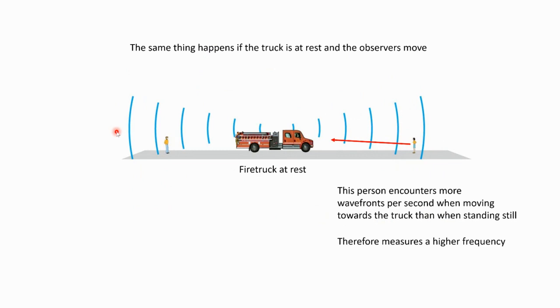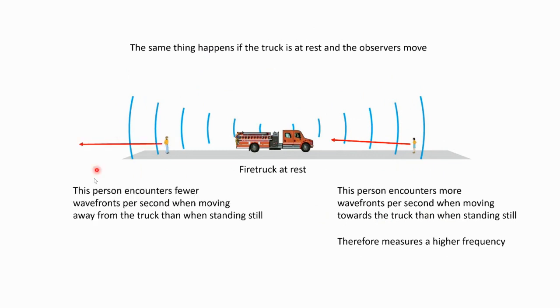And if this guy moves away from the truck, he would encounter fewer wavefronts per second, and so would measure a lower frequency. You could get the same effect if the truck moves or if the person moves. And for that matter, if the person and the truck both move, you can also get the same effect. So that's why this happens, intuitively.